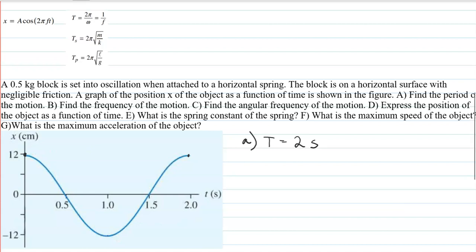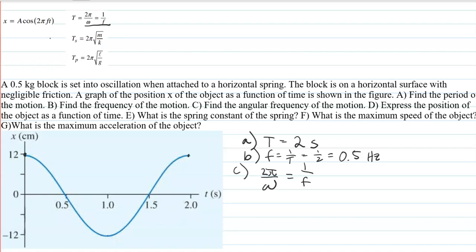Then the frequency is just the inverse of the period. So that would be equal to 0.5 hertz. And then we want to find the angular frequency of the motion. So we want to take this information here. 2 pi over omega equals 1 over f, and we want to solve for omega.